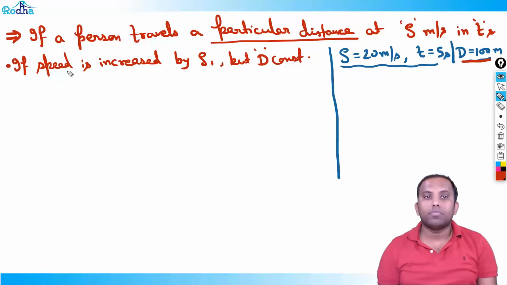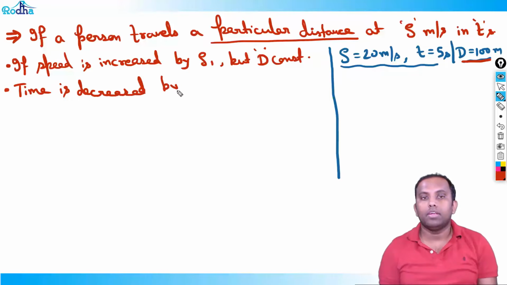Okay, so let's say speed is increased by s1, and if distance is constant, then time has to be decreased, right? So time is decreased by t1 seconds. Let's assume some data here. Assume s1 to be 5 meters per second and time t1 is, suppose, 1 second, right?